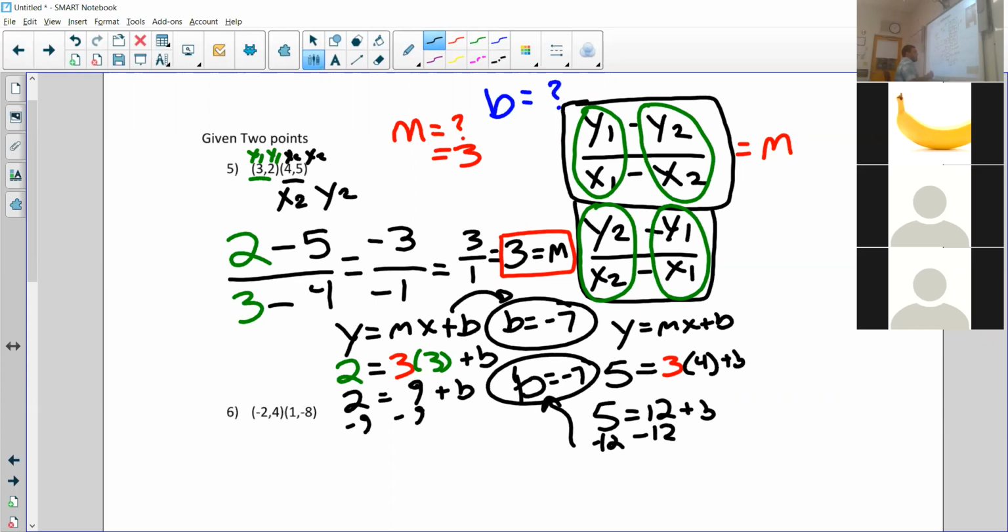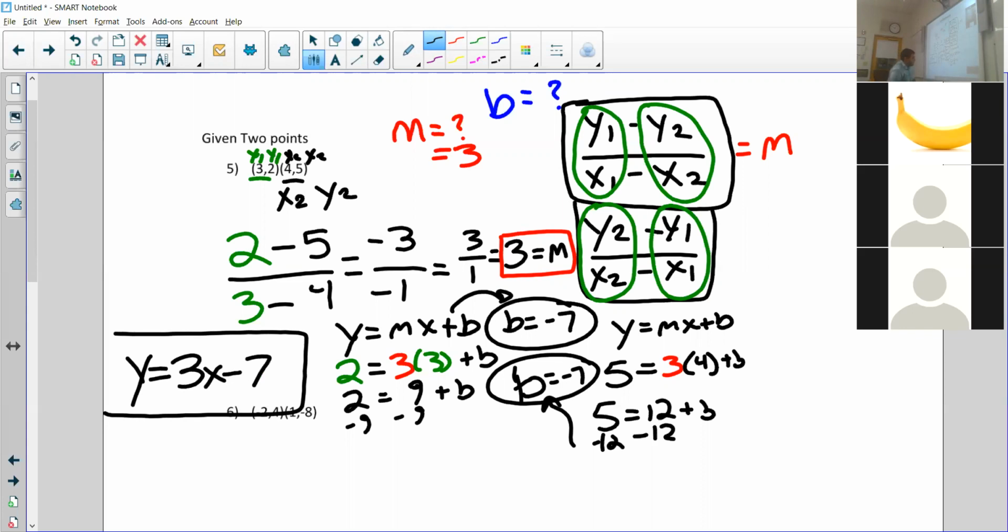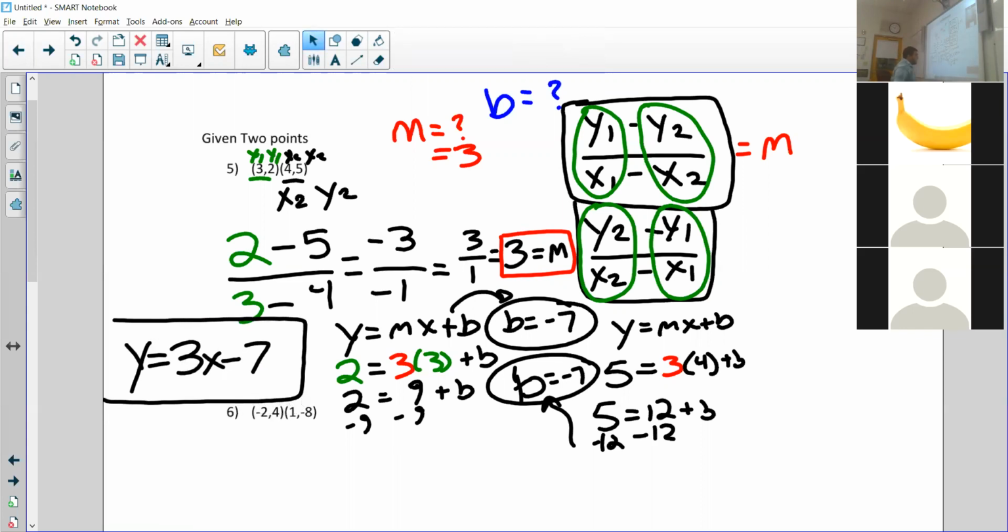So it doesn't matter which one you use, you'll get the right answer. Only use one point. You don't need to do it twice. And I forgot the final answer, I gotta put it somewhere over here. y equals 3x minus 7, where 3 was my slope. So your final answer is that. Okay.